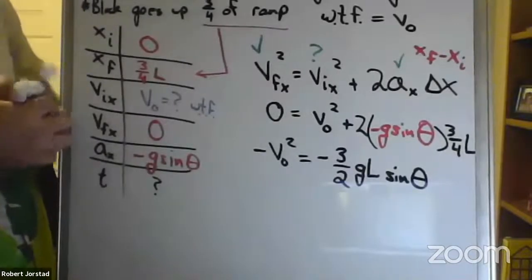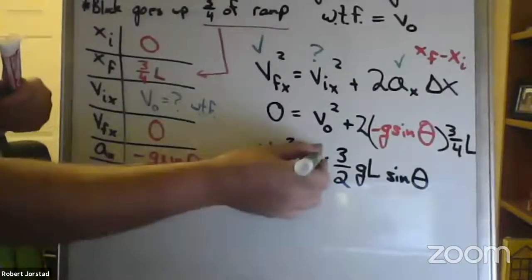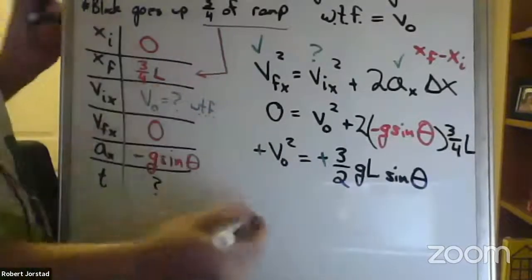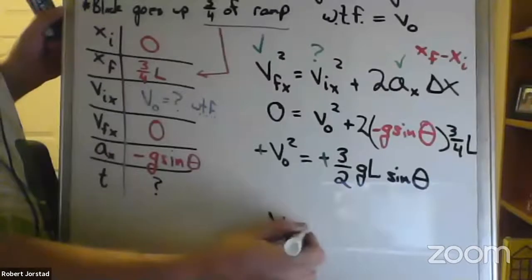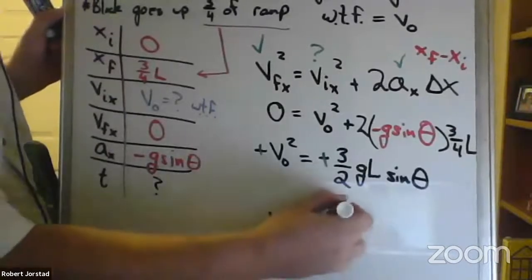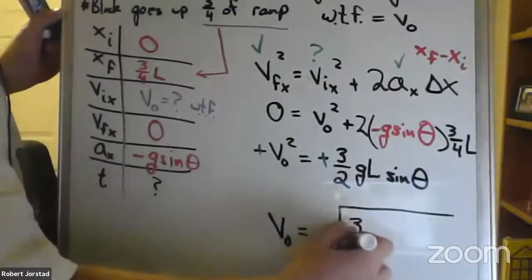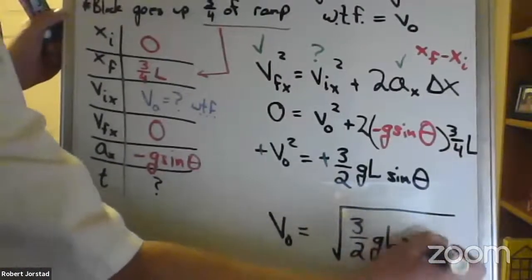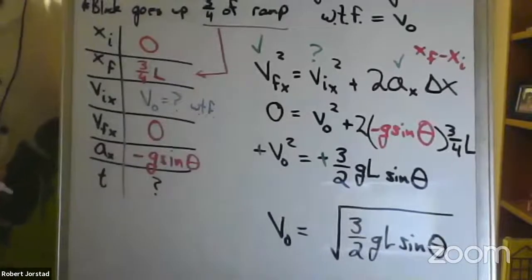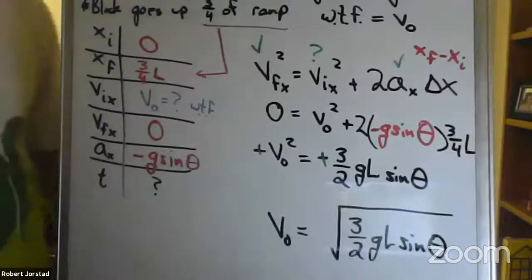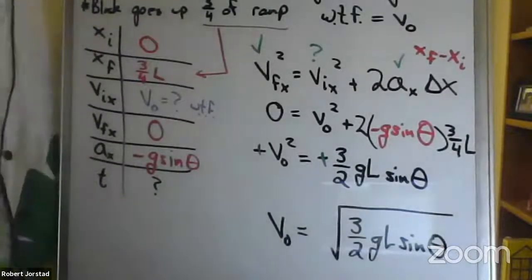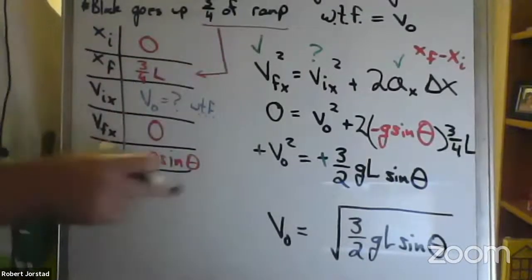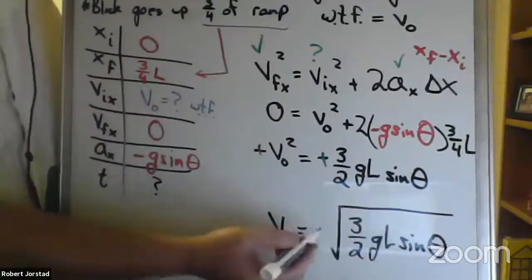So that means I could actually say this cancels that. And now I could solve for this, like that. Watch out. In a physics class, especially with this equation, there's something you should always do when you take the square root. What is it?